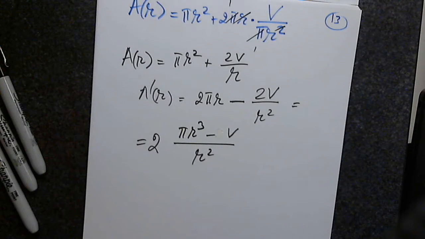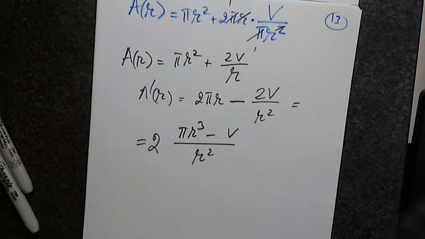So I factored out the 2. So when I multiply by r squared, I have pi r cubed minus V. Good. Now, after I found the derivative, what next?